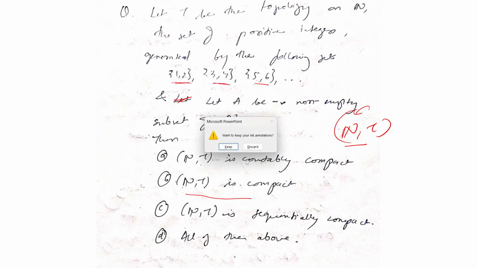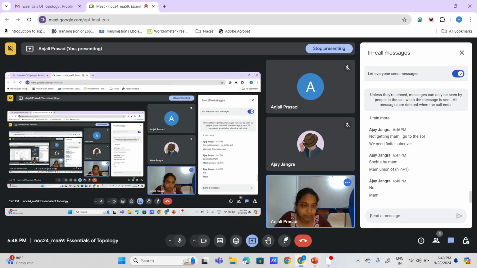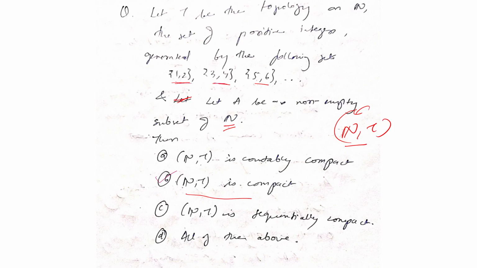So will it be compact? Okay, so in this way we discarded this option, right? So obviously it is not all of the above. So B and D are discarded. Now you have to think about options A and C.